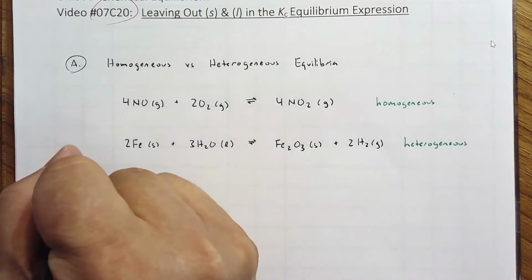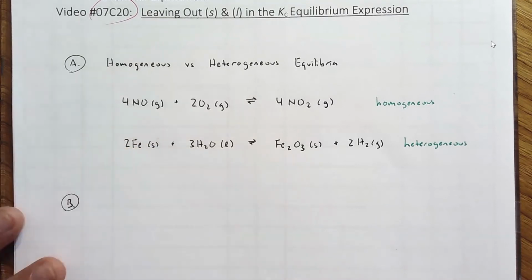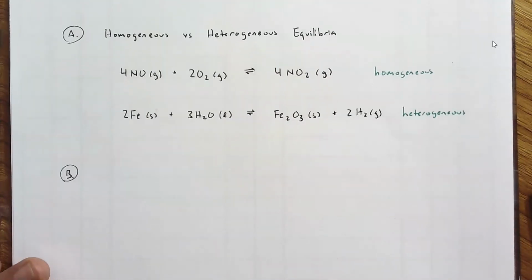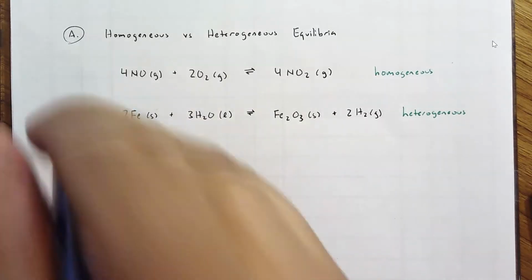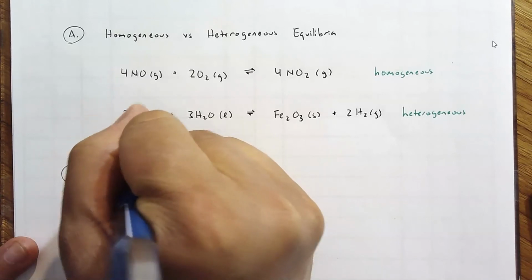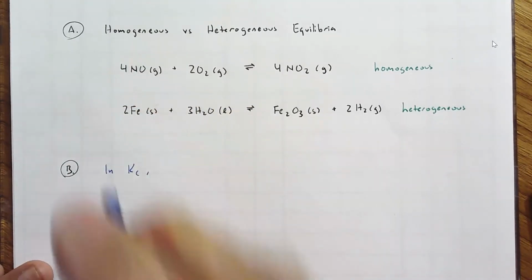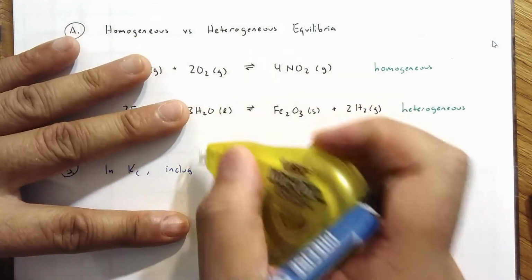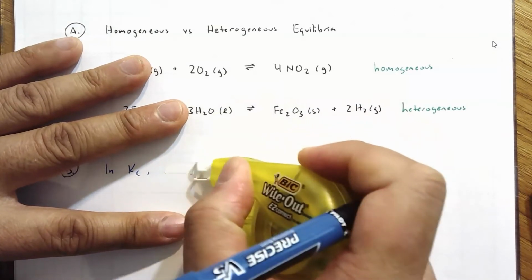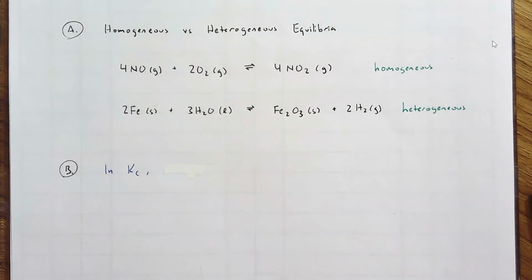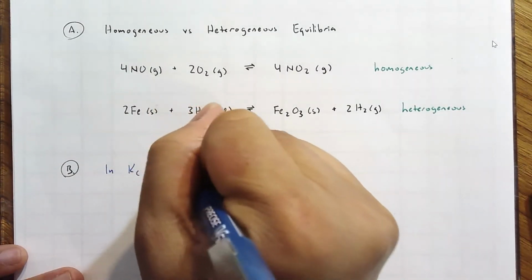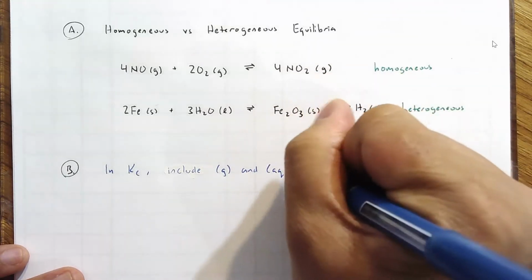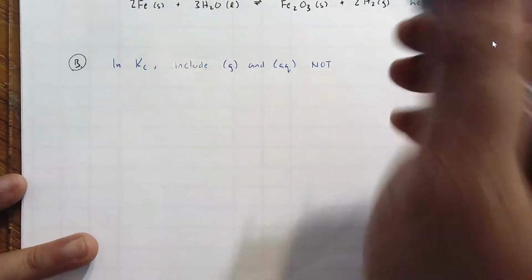Part B is the crux of the video. When you write the Kc expression, or the equilibrium expression, in Kc, include gas and aqueous, not solids and liquids.